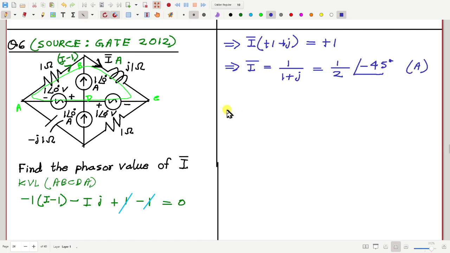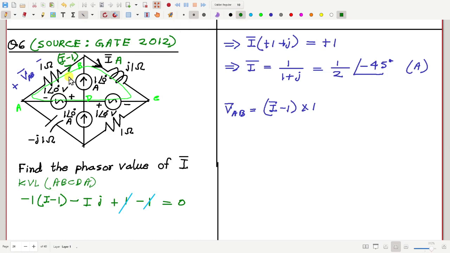Right. Yeah. So if this is VAB, say plus minus, then phasor VAB will be the current going from left to right, which is I minus 1, and the impedance, which is 1. Likewise, yeah. Okay. So in this one, what if I take VAD?